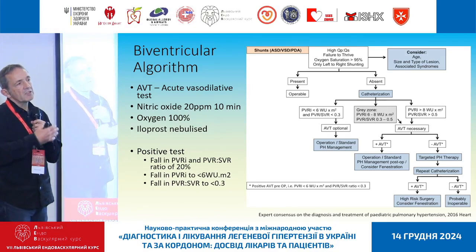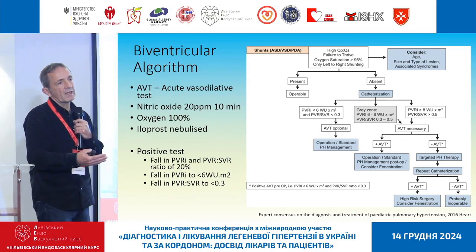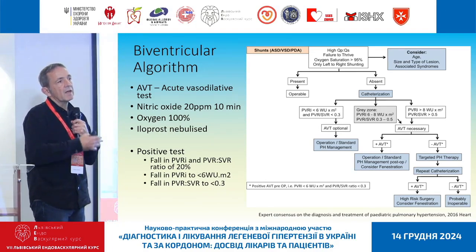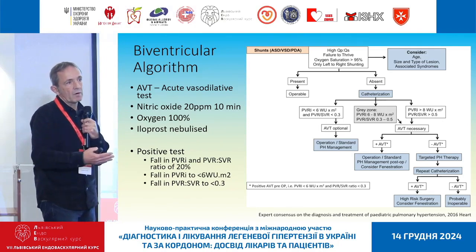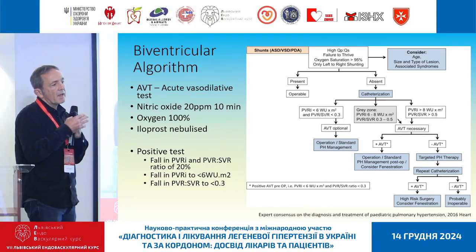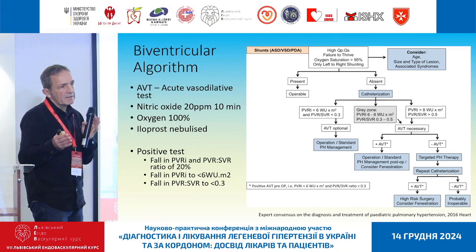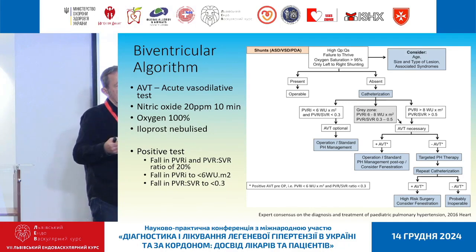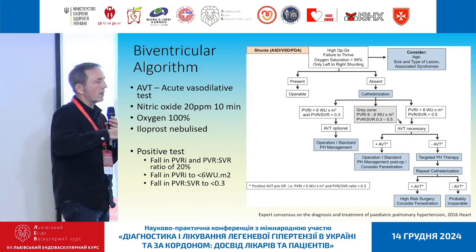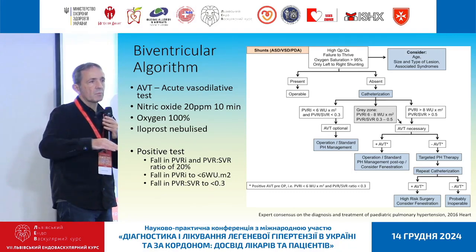If, on the other hand, you can use another form of vasodilator, such as nitric oxide, it's a much more reliable test, or even nebulized iloprost is a more reliable test. If you have a completely septated circulation, so you have no intracardiac shunt, then you can use oxygen, because really what you're looking at then is whether there's a fall in the mean pulmonary artery pressure or a fall in the transpulmonary gradient.